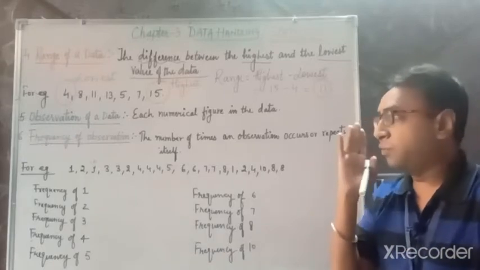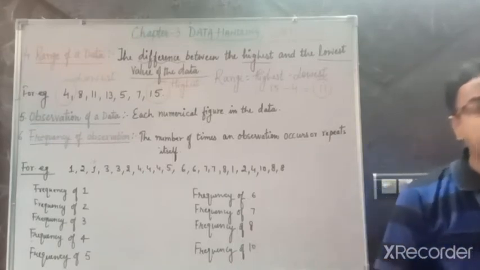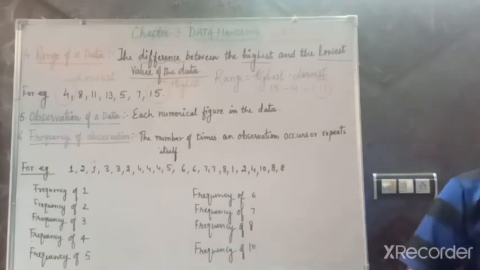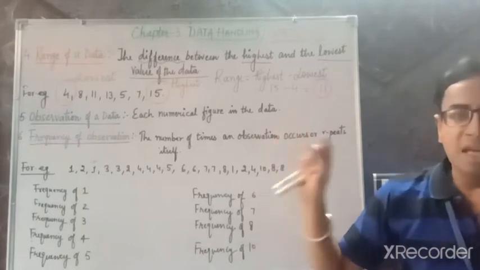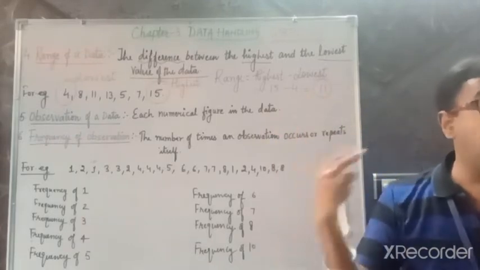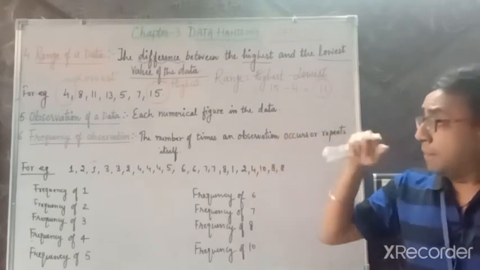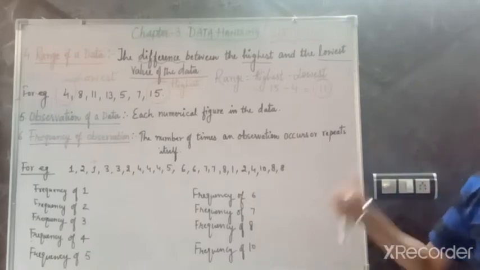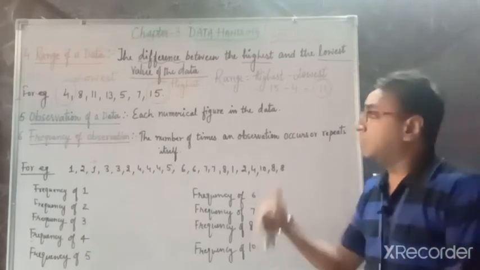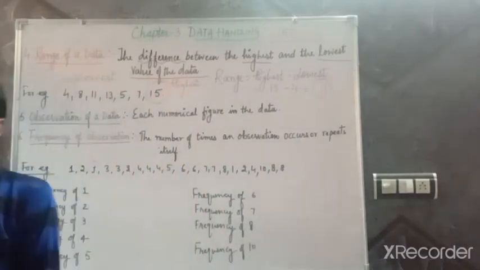You will hear this word frequency in class 7th and 8th in science also. Basically, in maths, frequency means the number of times any particular observation occurred or repeated.